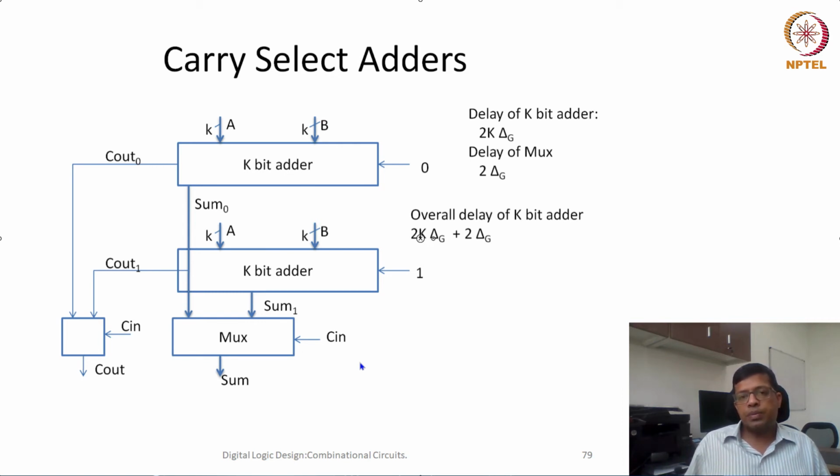Similarly, in many other scenarios where we don't know what our dependency is going to be, we can be prepared, but this preparation can help only if the number of options is finite. Here the number of options was only 2: either carry in could be 0, or carry in could be 1. If it is 2 or a finite number of options, then we can think of doing it in parallel, but if it's not so, then we don't know.